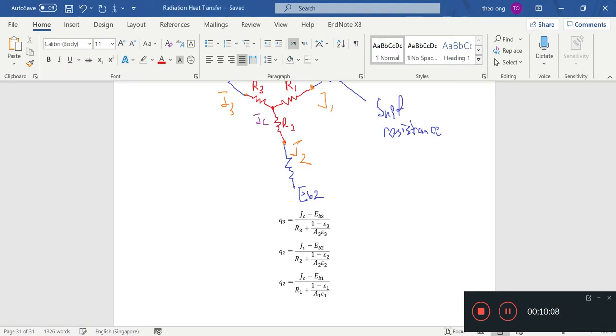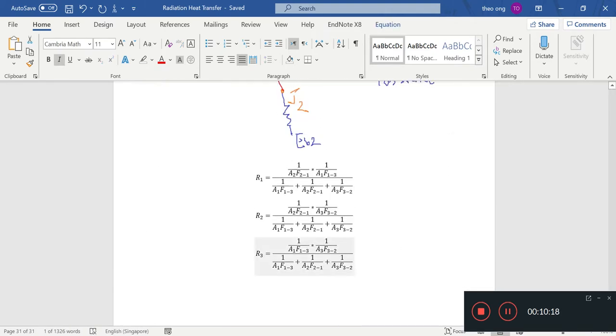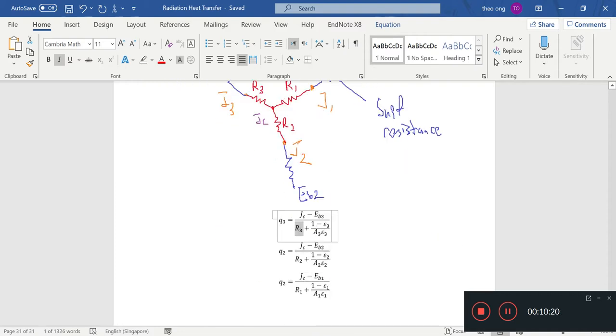Okay, so we basically have all these view factors done, assuming of course we know the view factors. Okay, that will be coming from some table. Sorry, there should be a Q1 here.